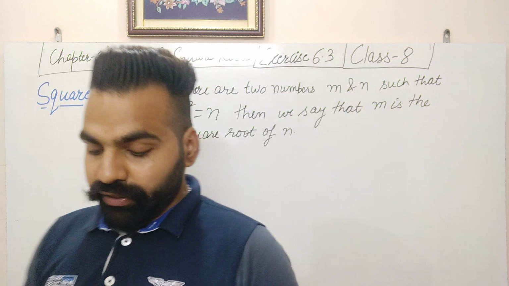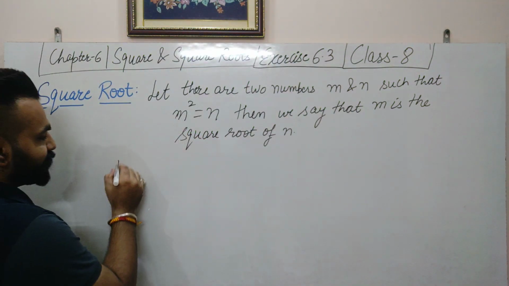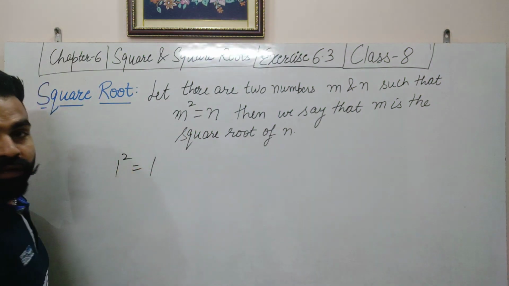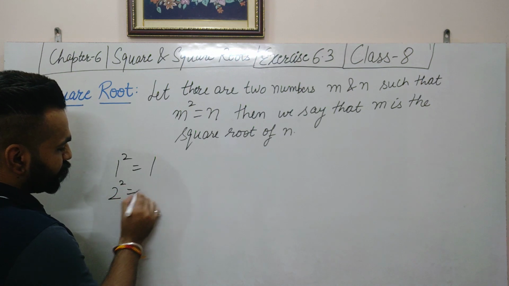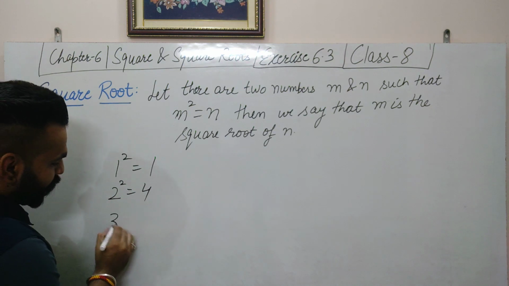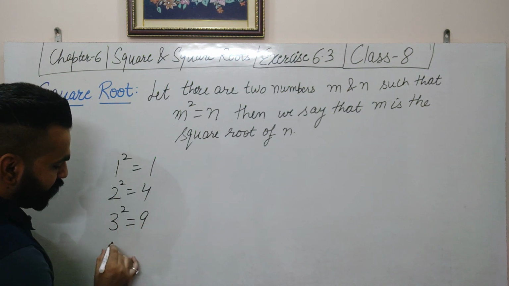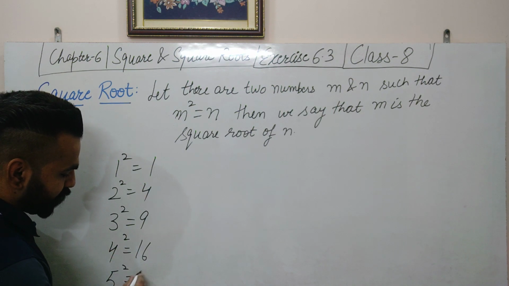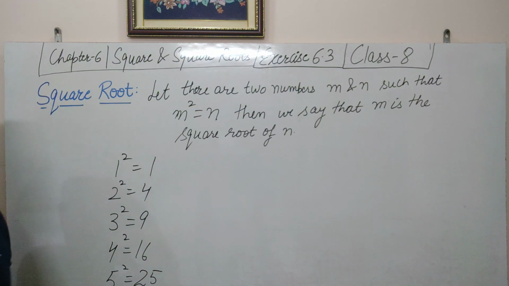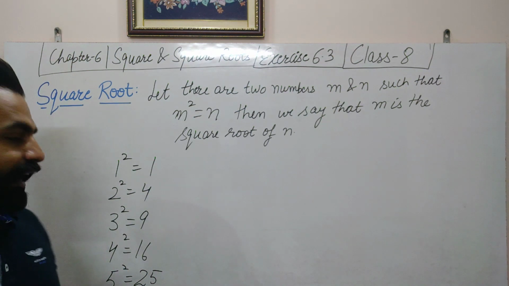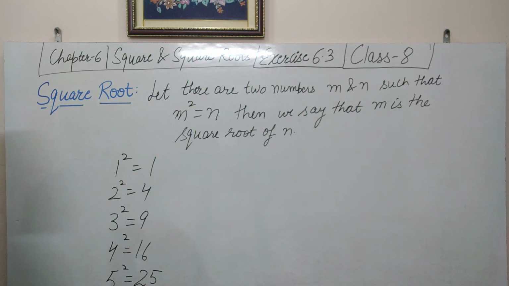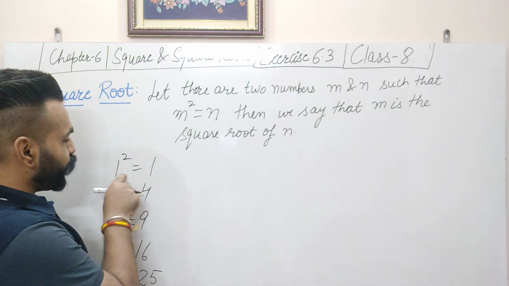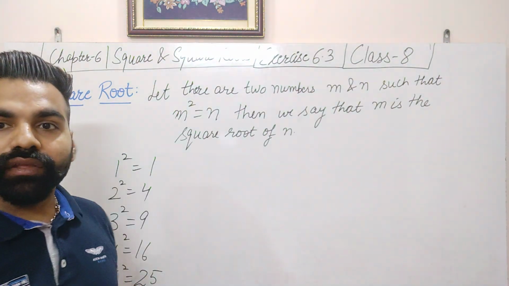For example, we know that 1 square is equal to 1, 2 square is equal to 4, 3 square is equal to 9, 4 square is equal to 16 and 5 square is equal to 25. So in this way we can write the squares of these numbers. Now here we can see that square of 1 is equal to 1.